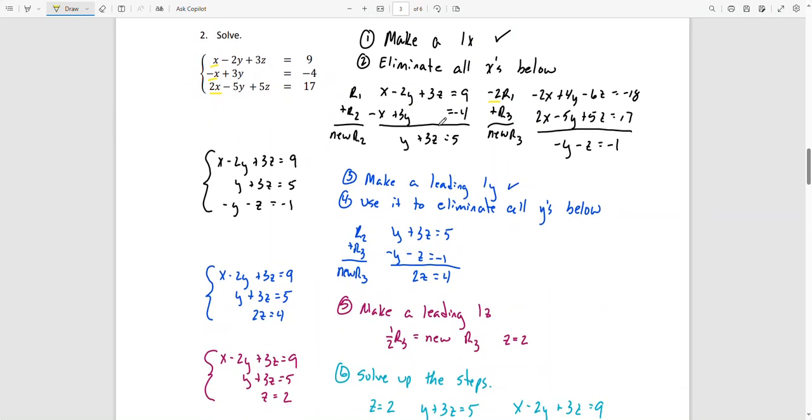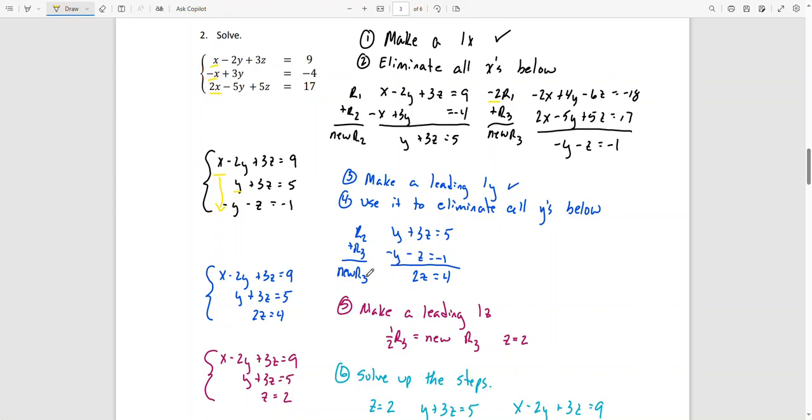I've used row operations that allow me to replace each equation with a new equivalent equation, but in our desired form. No x's below. So now I need a leading 1y, my second equation. It's already there. I'll use it to eliminate all the y's below. Hey, look, I can just add my equations together to eliminate y.